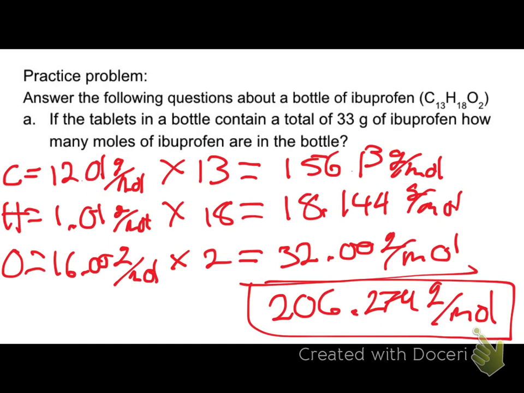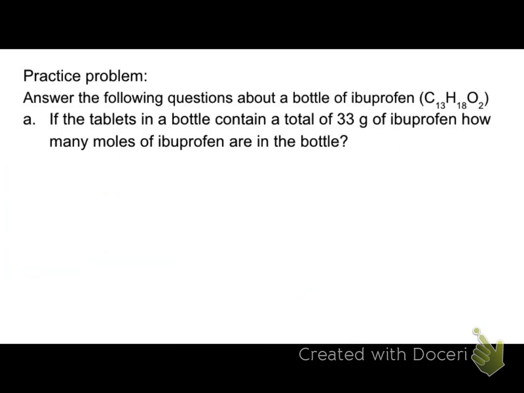Okay, so now we know that if we had 1 mole of ibuprofen, it would weigh 206.274 grams. But we don't have a whole mole of ibuprofen, do we? Because the sample that they gave us only weighs 33 grams. So we have nowhere near 1 whole mole of this. So to calculate how many, we will take that molar mass and use it.